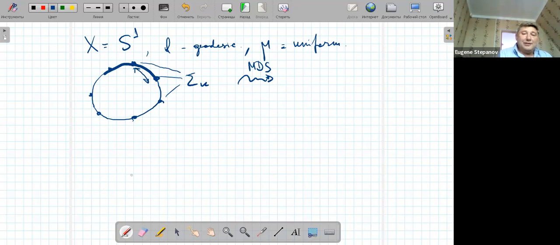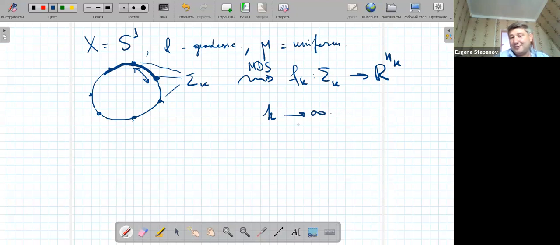You then obtained the embedding of those points, F_k from sigma k to some R^{n_k}. And then you are able to pass to the limit when k goes to infinity. This construction gives you an embedding of your unit circumference. Now, those n_k tend to infinity, and this gives you an embedding into little l^2.